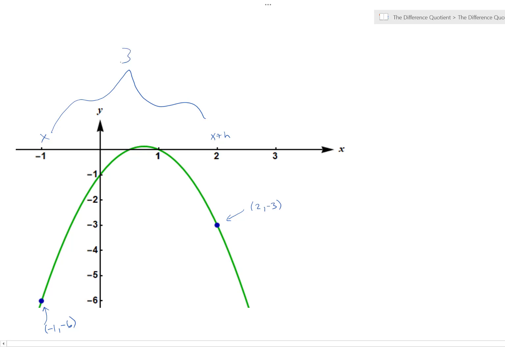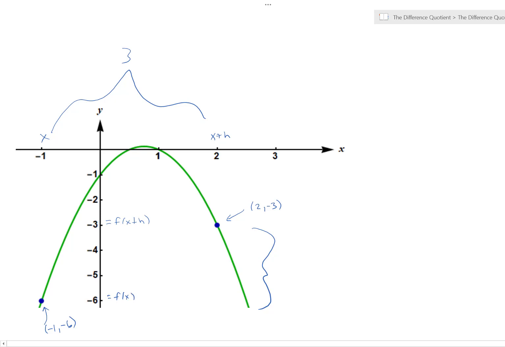And then the vertical change from negative 6 to negative 3, that change right there, the point at 2 comma negative 3, the output being f of x plus h. And then down there at the output of negative 6, that is the value of f of x.